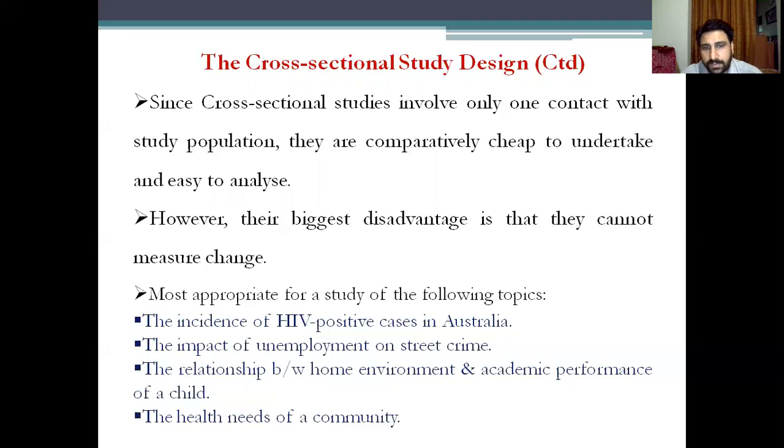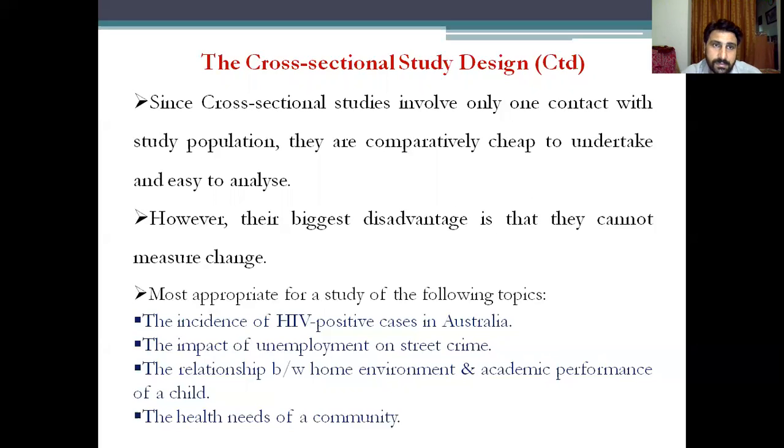The relationship between home environment and academic performance of a child. What is their relationship? That is at one point of time that you are going to study the influence of home environment on the academic performance of a child. The health needs of a community. You can study these under this cross-sectional type of study design.